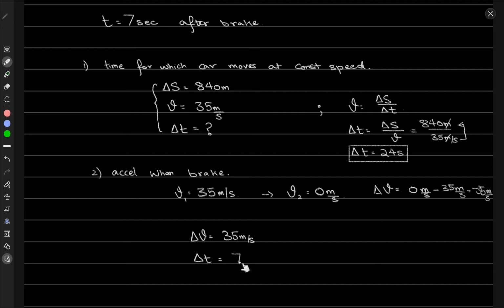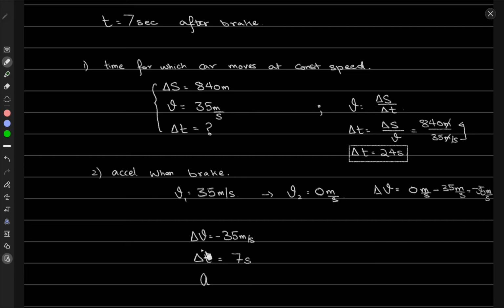So delta T is 7 seconds. I am required to compute the acceleration. By the way, delta V is minus 35 meters per second. The minus sign is telling you, because V is velocity, that it is now moving in the opposite direction, right?